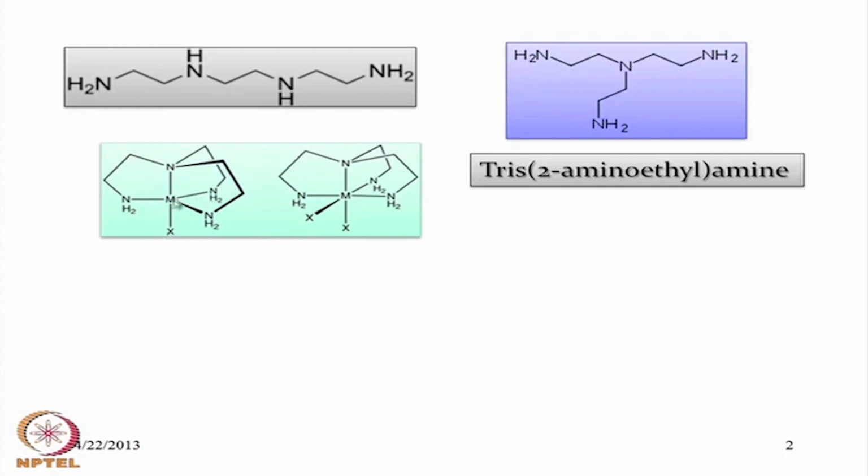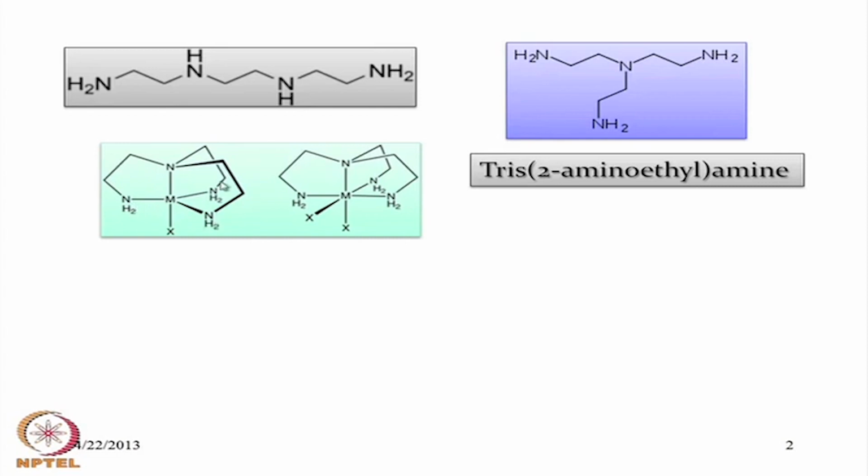So, it has a different geometry compared to the corresponding TACN copper Cl2 compound, and the geometry is also quite different since we are occupying this particular nitrogen, which is the tertiary nitrogen, and this tertiary nitrogen can show some long metal nitrogen bond. So, the overall geometry of this particular system is trigonal bipyramidal.